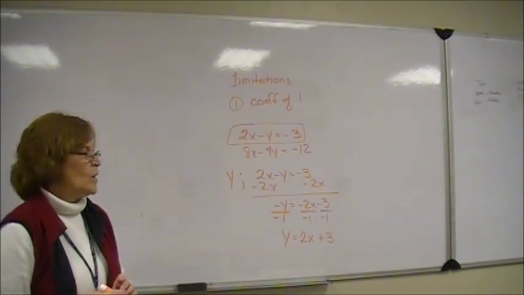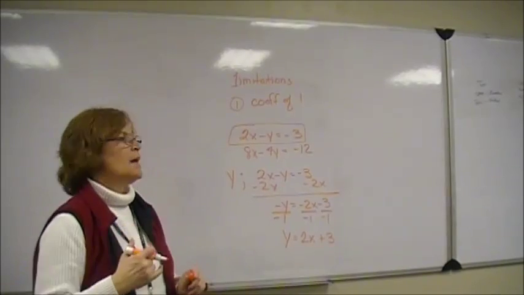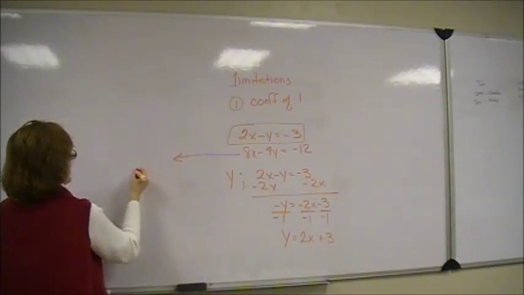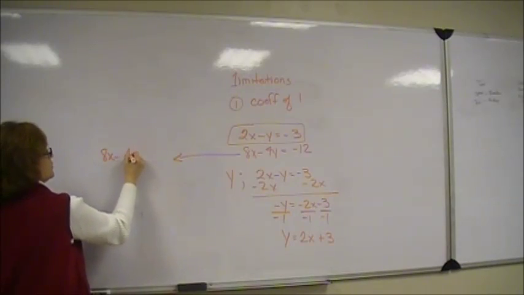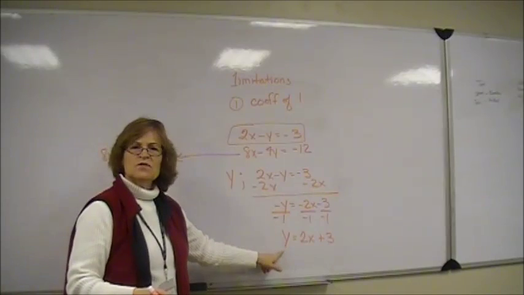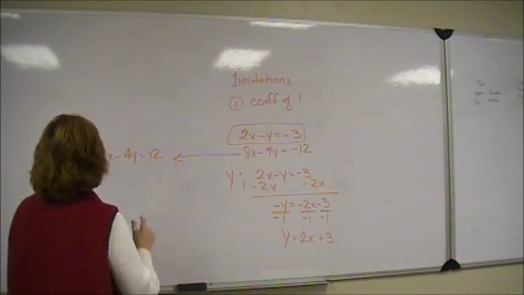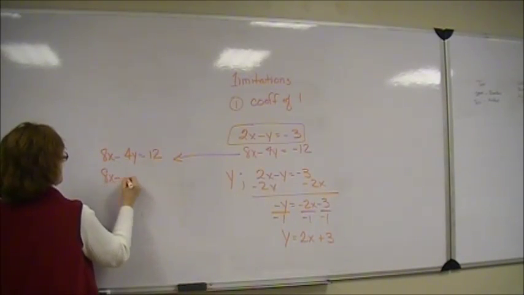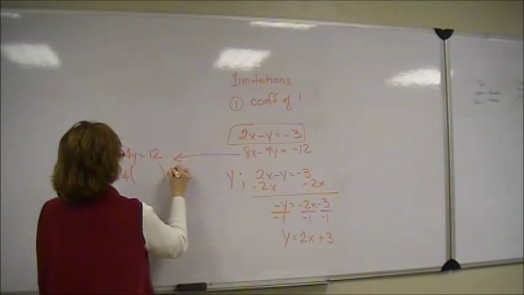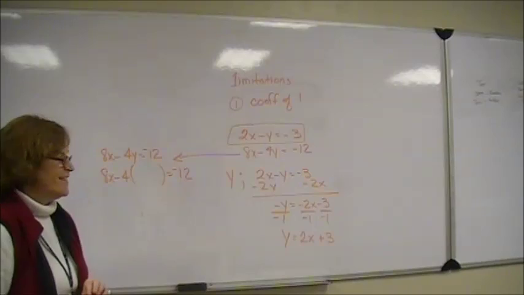So now this is where the term substitution comes in. I'm going to take my other equation, and it is 8x minus 4y is equal to 12. And since I solved this for y, I'm going to take out my y and put parentheses there, is equal to 12, and that should be negative, Mrs. Manisi.